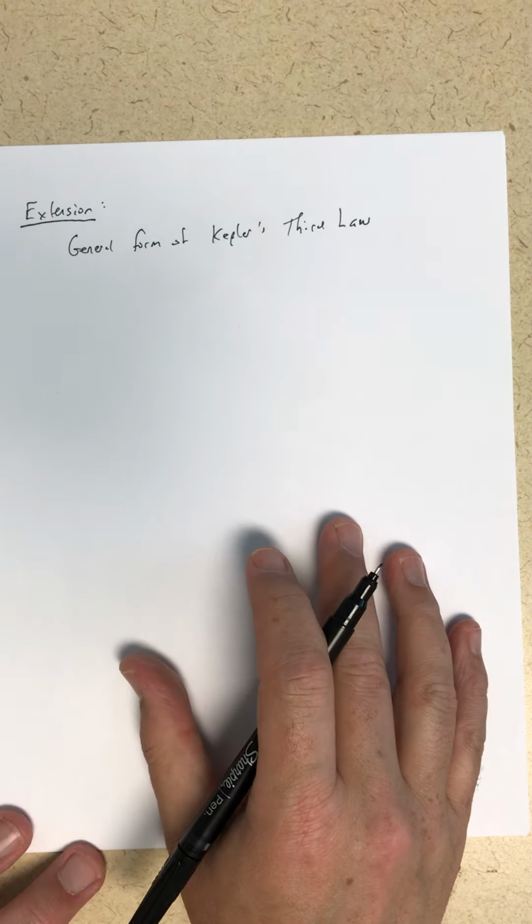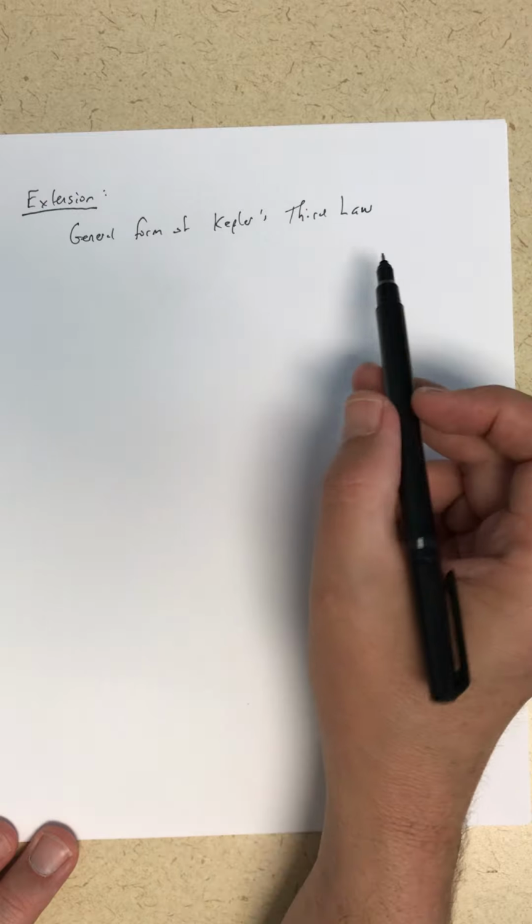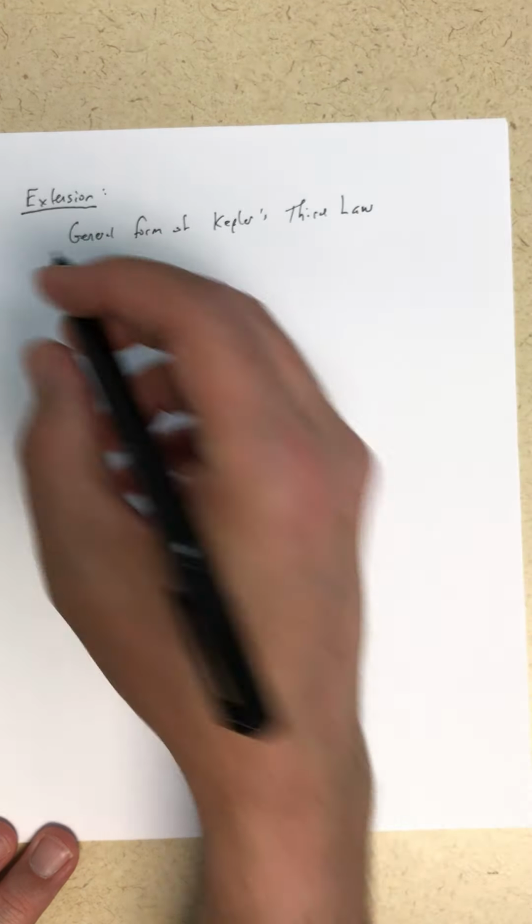So what do you do if the object that is causing the orbit is not the Sun, or something that has the same mass as the Sun to cause that same amount of gravitational pull? Well, then we have to use the general form of Kepler's third law, which was developed by Newton.